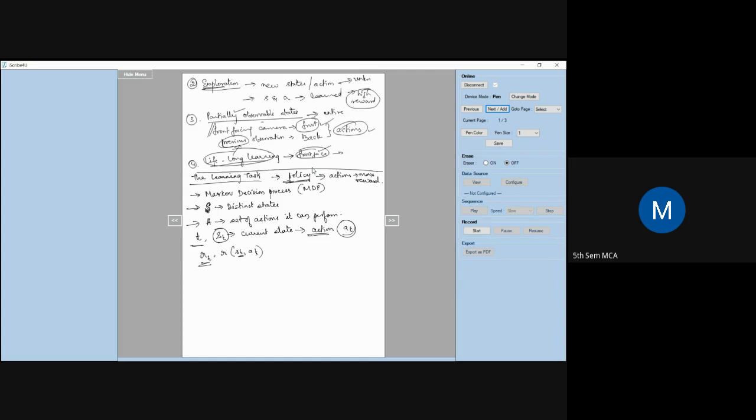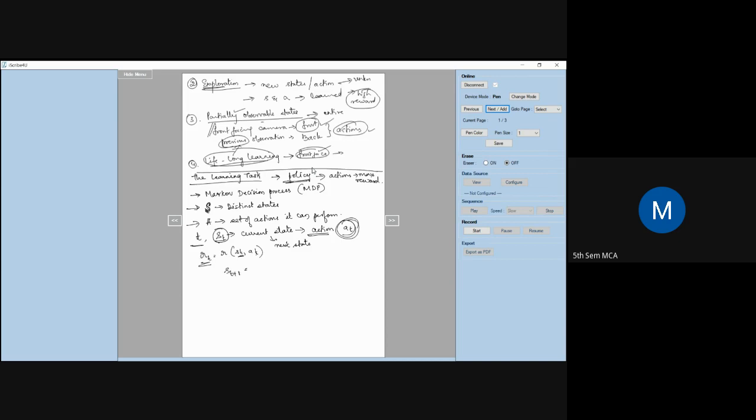Once you perform this, you are in current state ST, you choose an action AT and you perform it. So what happens? You are moving to the next state. From the current state, when you perform this action AT, you move to the next state, correct? That next state I can call ST plus 1.